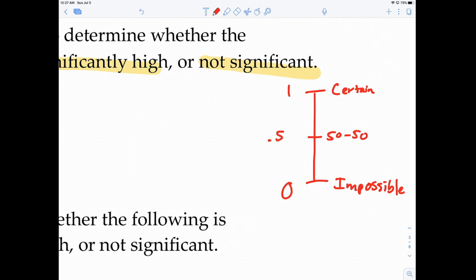And any probability close to 0 indicates an event that is very unlikely.